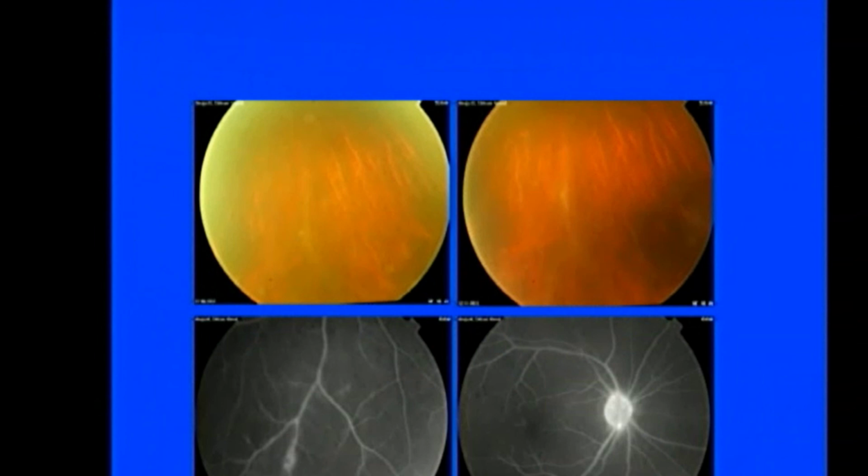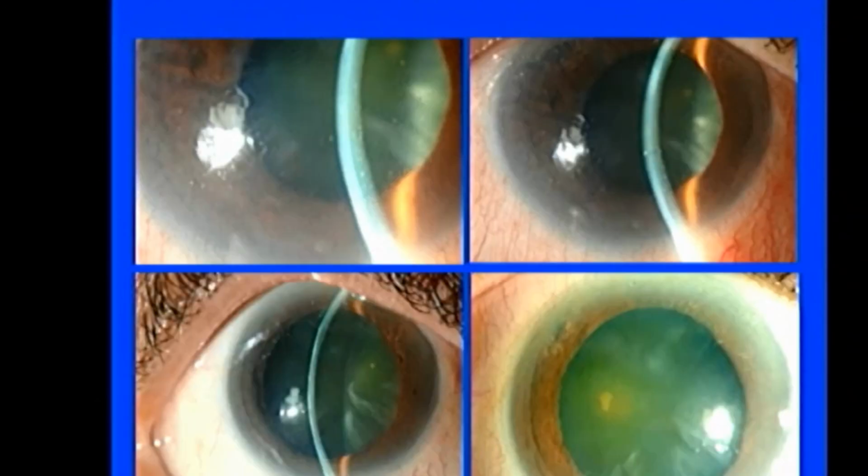A 50-year-old lady presented with high intraocular pressure, you can see the anterior segment manifestations, and few weeks after receiving a specific treatment. Diagnosis.